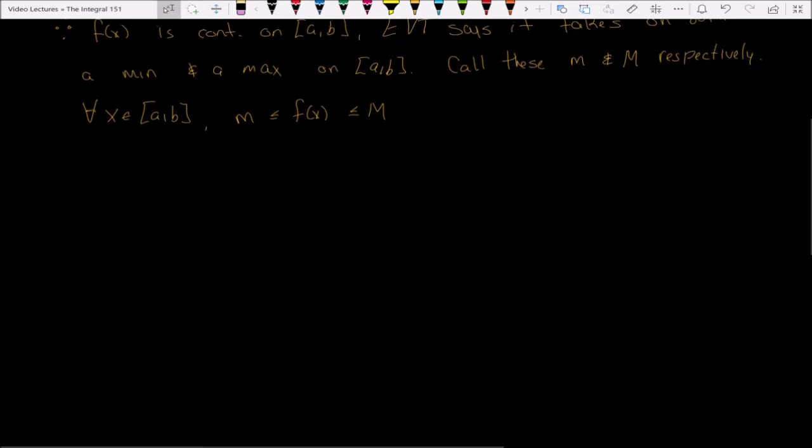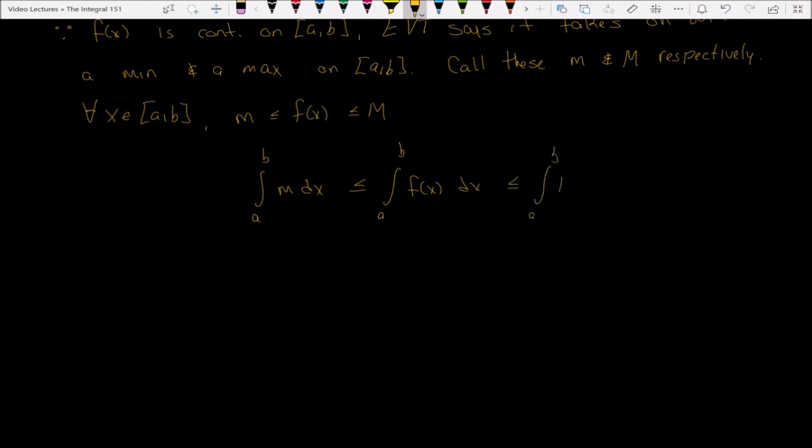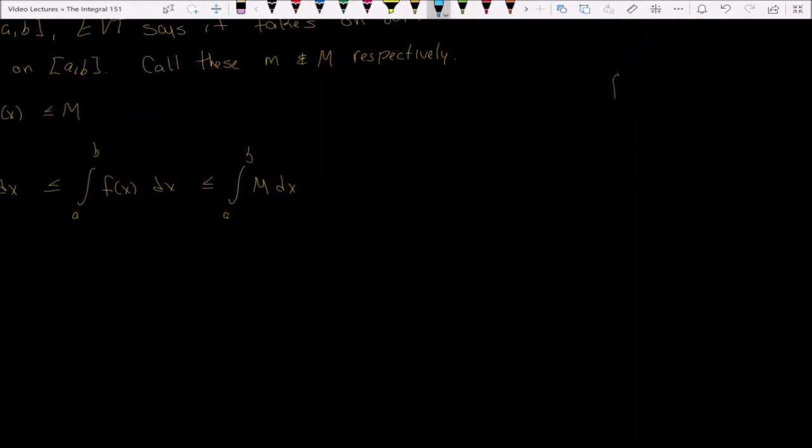So what we now have is if we integrate every term of this inequality from a to b, the inequality will hold. That is by one of the comparison theorems. And it is extremely easy to show that the integral from a to b of just dx is just the length of that interval, so b minus a.